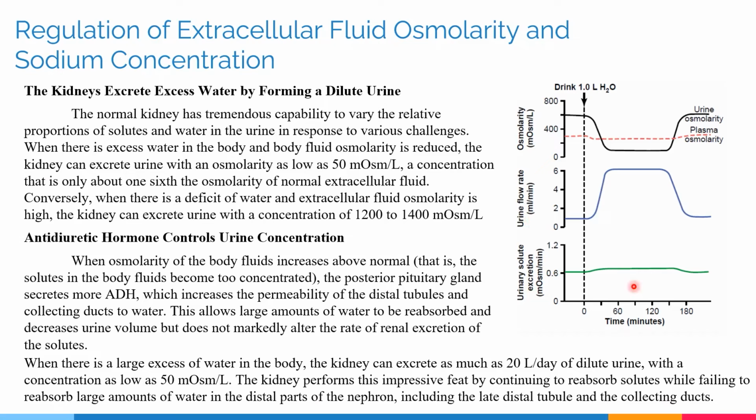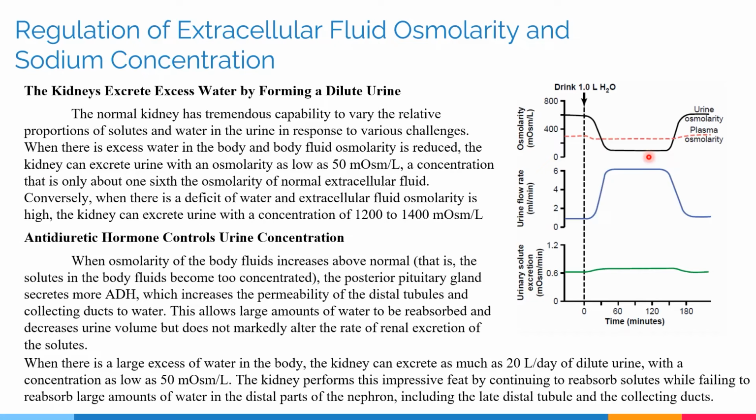So in this particular schematic, we have various parameters that are controlled by the kidney as time passes. If we first look at the osmolarity of the urine itself, we can see that as a large amount of water is drunk, about 1 liter of water, the urine osmolarity decreases markedly because water concentration in the extracellular fluid now increases.